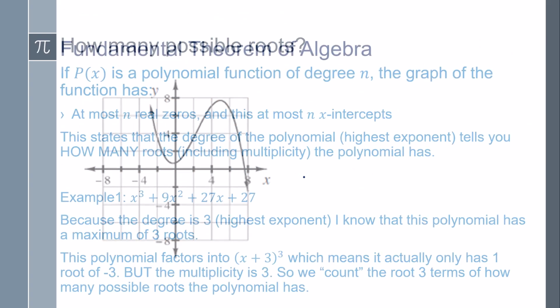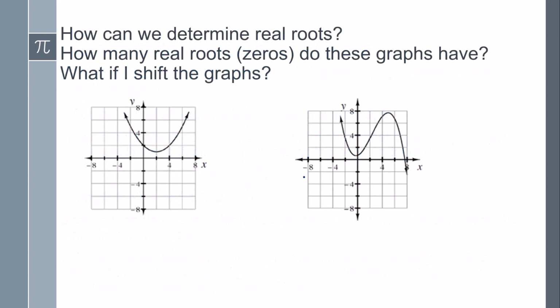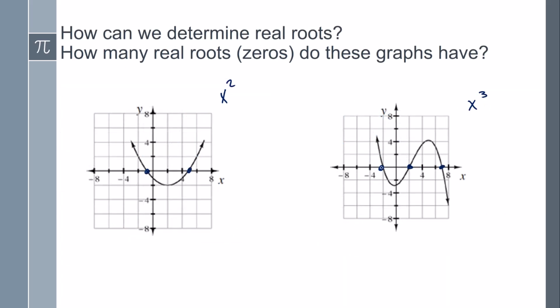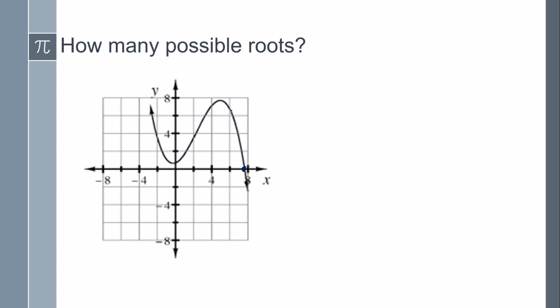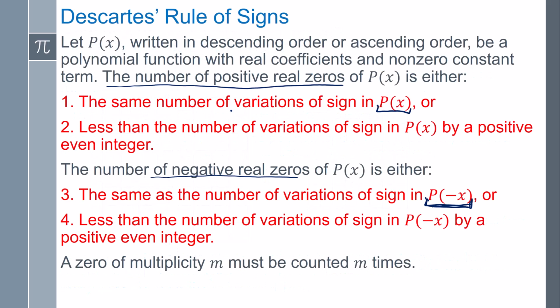Going back to this example, I had x cubed, I had 3 roots, but what ended up happening? 2 of them turned into imaginary. So that can happen as well. Basically 2 are converting into imaginary. So once you find that number, you just count down by an even integer: by 2, by 2, by 2. What you're essentially doing is exchanging them for those imaginary possibilities.